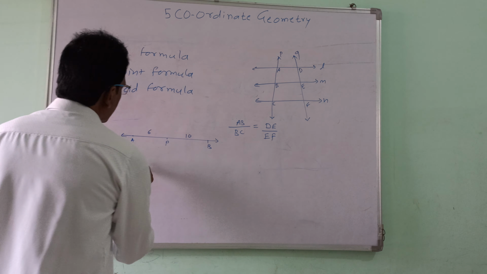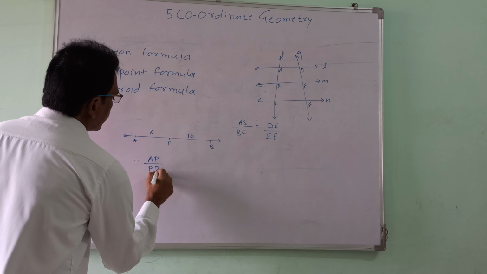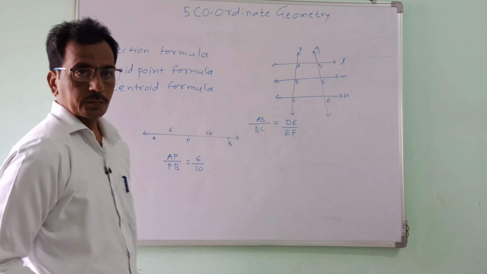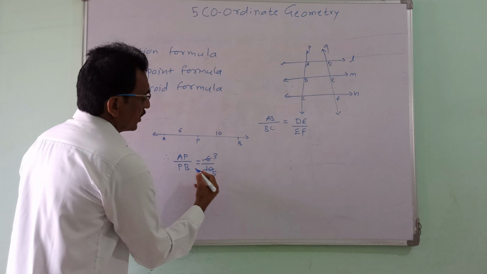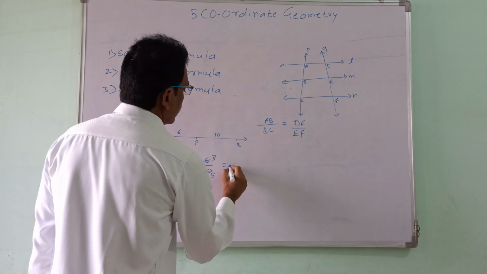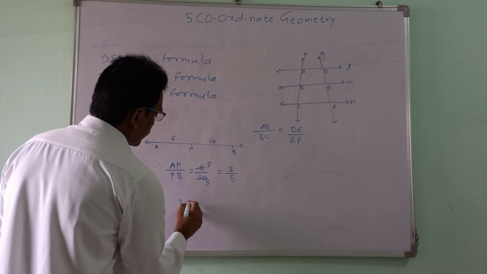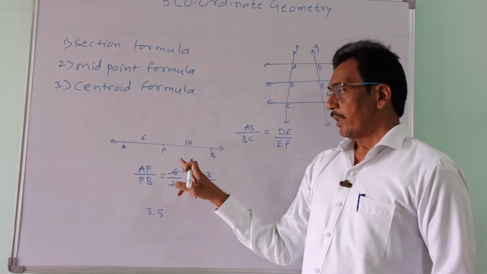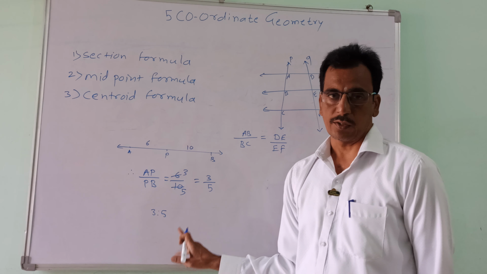Then we get the ratio AP upon PB, that is 6 upon 10. 2 3s are 6, 2 5s are 10. So we get the ratio 3 upon 5, that is 3:5. We can say that the point P divides the line segment AB in the ratio 3:5.